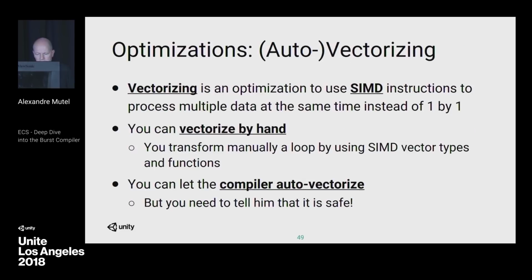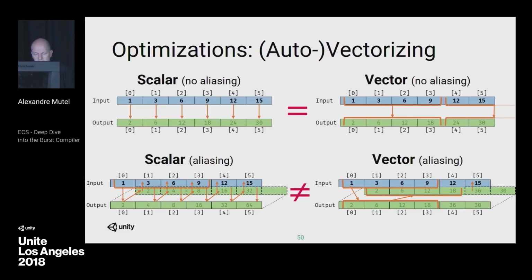You could vectorize this code by hand, or you could let the compiler auto-vectorize this code. On the top, it's vectorized and we don't have any aliasing, and on the bottom, we have aliasing, and it's vectorized. And the output will be completely different. So you need to be very careful with aliasing memory.